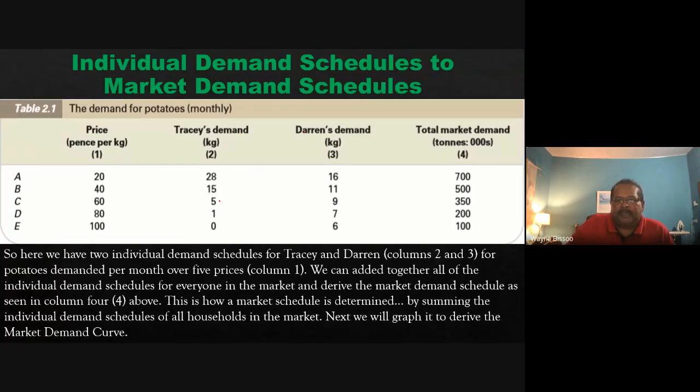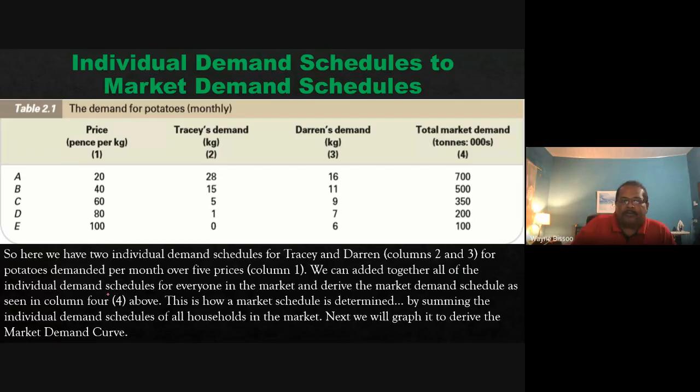So we have their individual demand schedules. Here we're looking at potatoes monthly. Notice again, we have two individual schedules for Tracy and Darren, columns 2 and 3, for potatoes demanded per month over 5 prices in column 1.